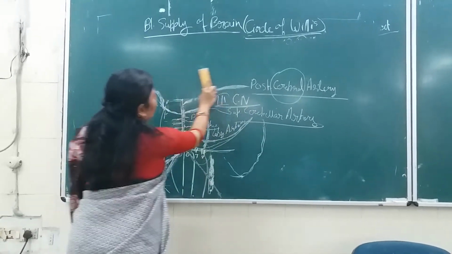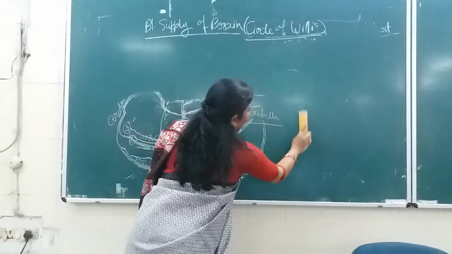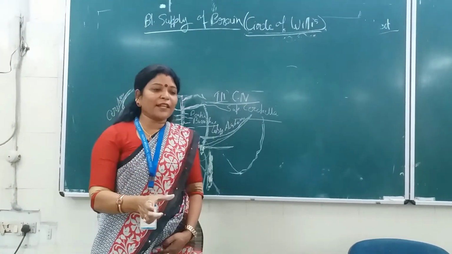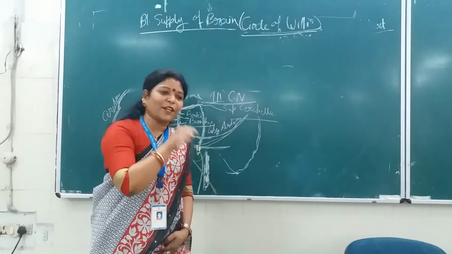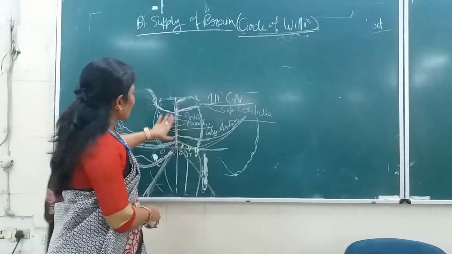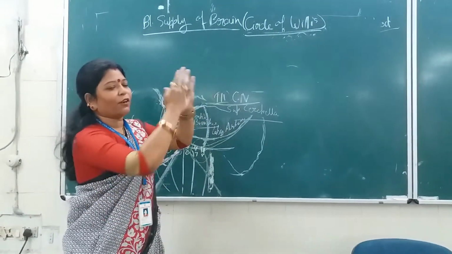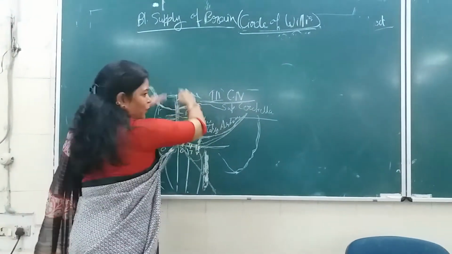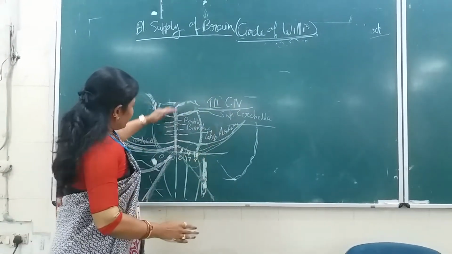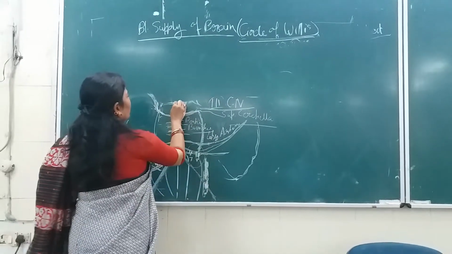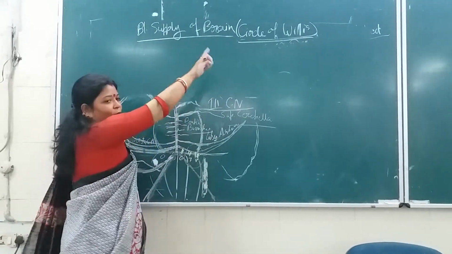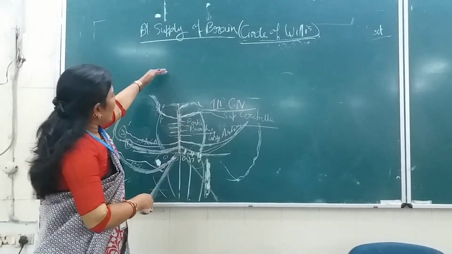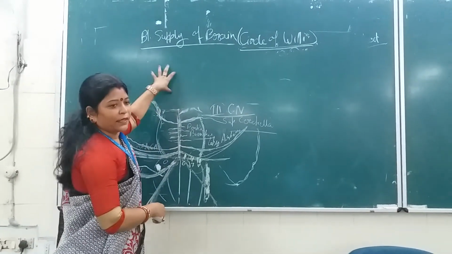That is very important in understanding the circle of Willis, because the circle of Willis itself is situated in this interpeduncular fossa. This was the story of the vertebro-basilar system. It is only up to this. Okay, basilar artery. Now comes the interpeduncular fossa region above that. What are the structures there?